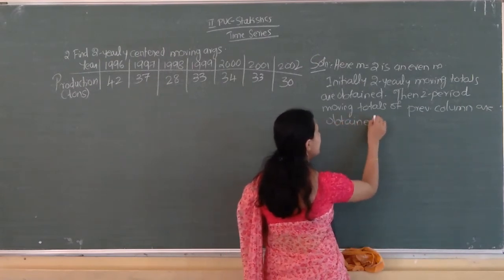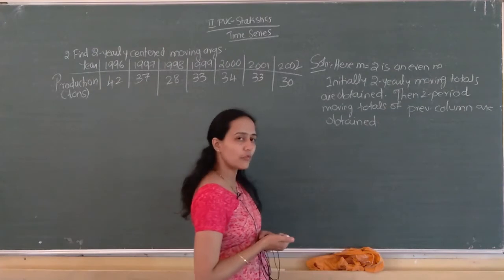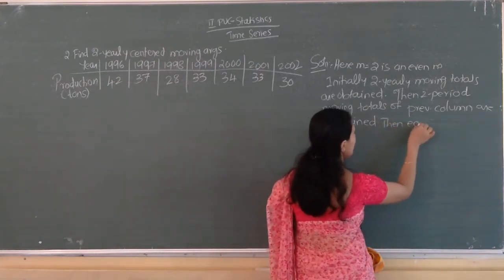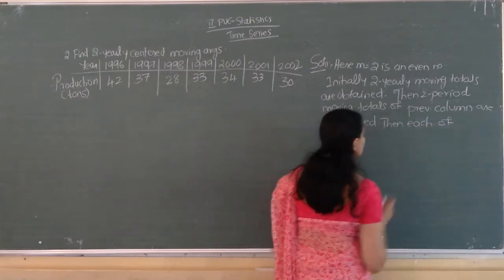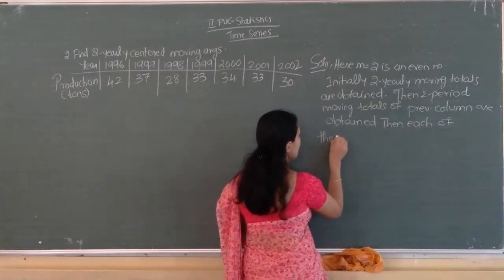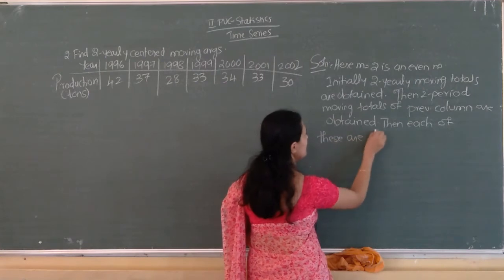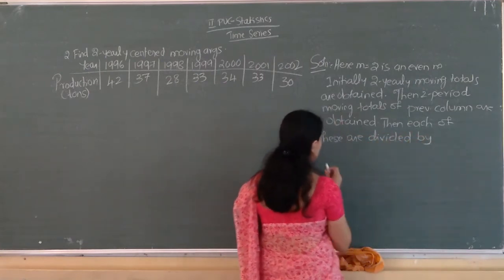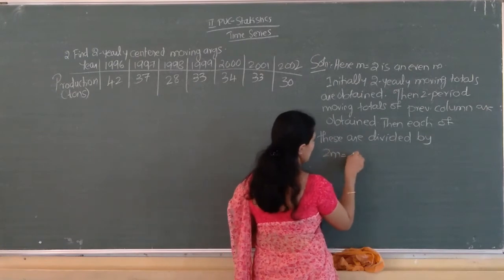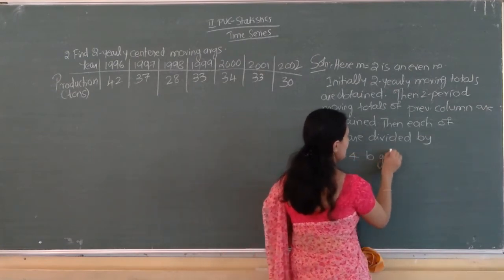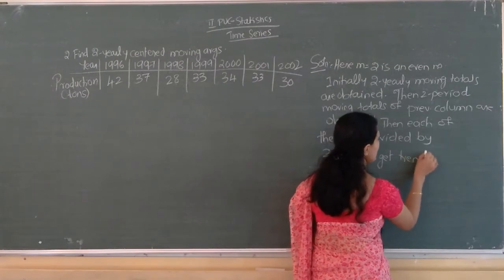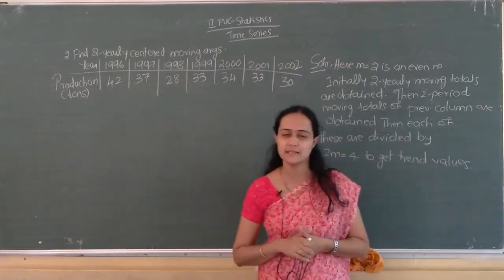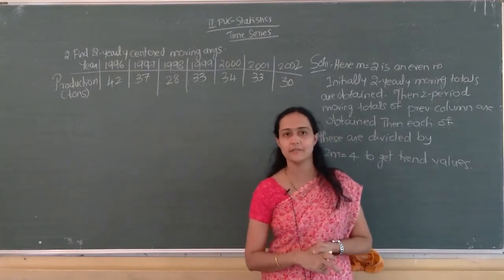Then each of these are divided by 2m equal to 4 to get the trend values. Okay, this much is there. Lengthier you have to write, however.